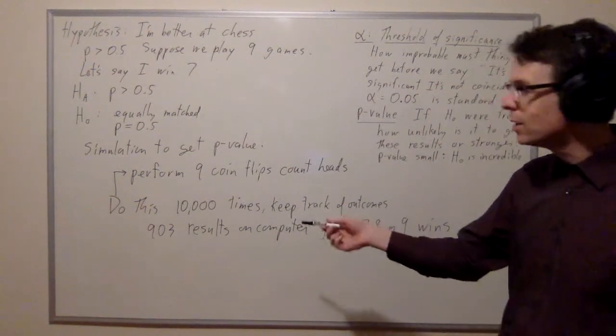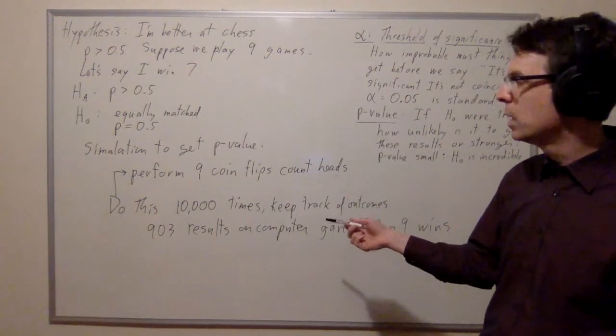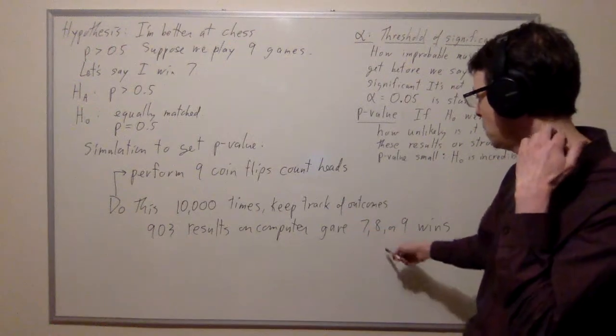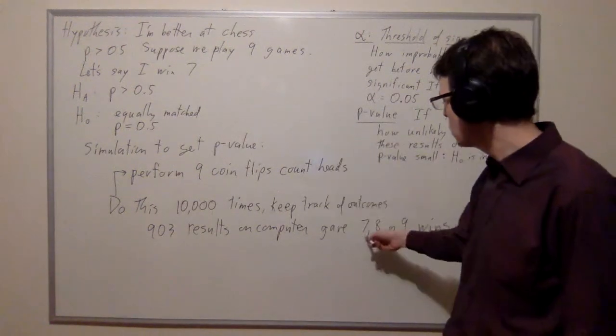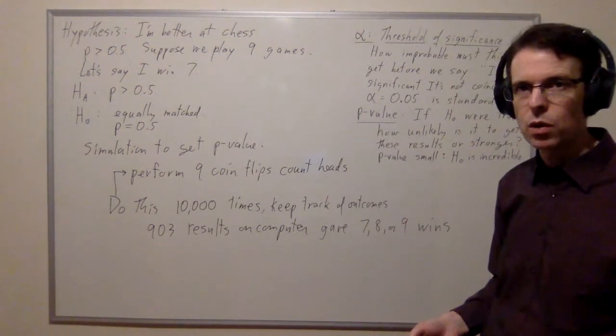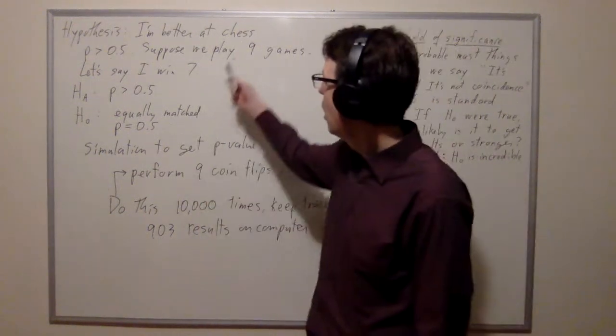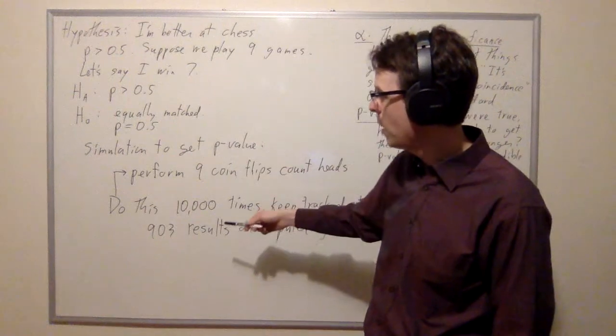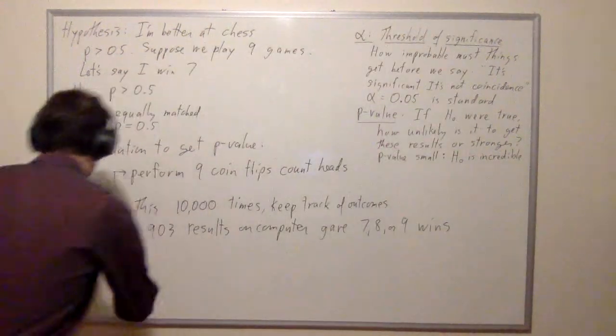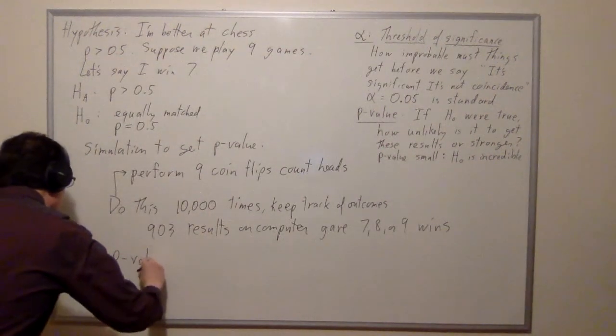So in other words, that tells you how likely it is, if the players are equally matched, that we would get evidence like ours or even more compelling, 7, 8, or 9. And so the probability then of results like ours under the null hypothesis is 903 over 10,000.